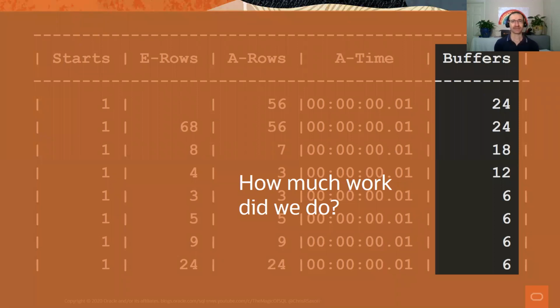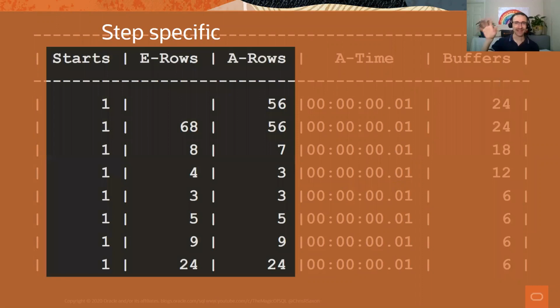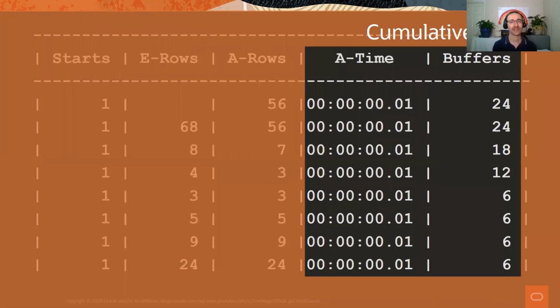Another thing to note here. These first three columns on the right are step specific. That means it's saying this individual operation started this many times, the optimizer estimated this many rows, and it got this many rows. The A-Time and Buffers columns, on the other hand, are cumulative. So to figure out the time and IO for a particular operation, you need to subtract off the figures for its direct children.